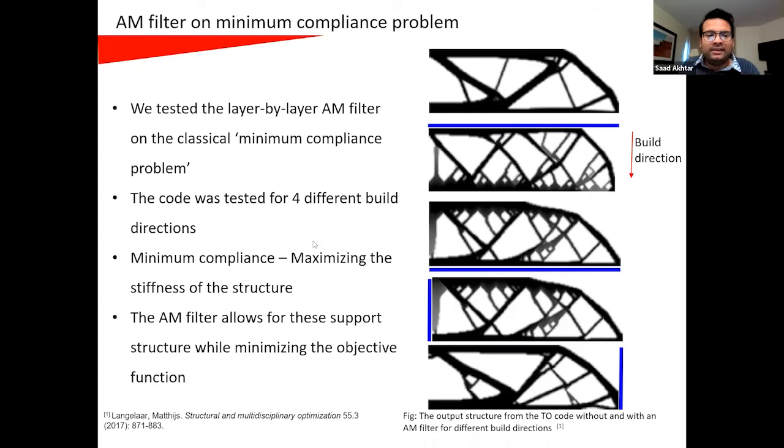And the additive manufacturing filter also allowed for these support structures while minimizing the objective function. So that was one of the important things in testing this filter: that it works on a wide variety of problems, and it also works on different build directions and different build plate configurations and so on.